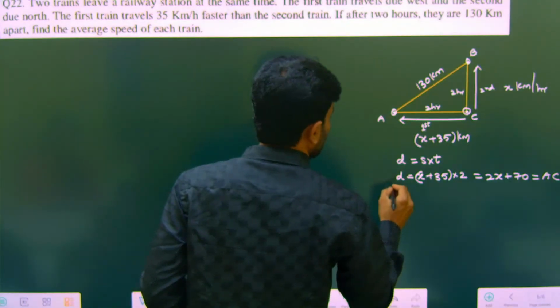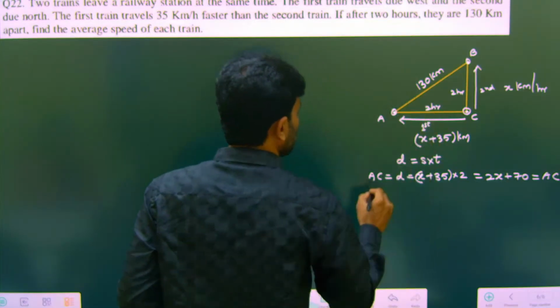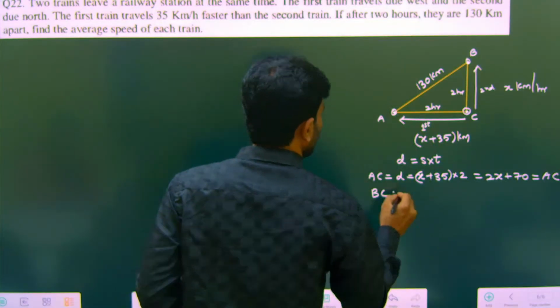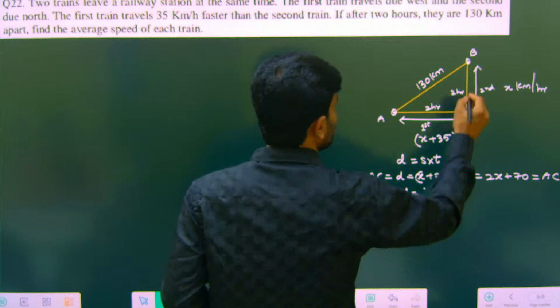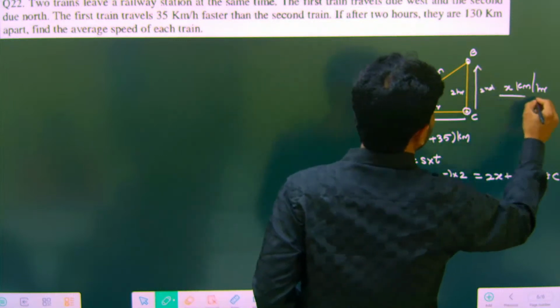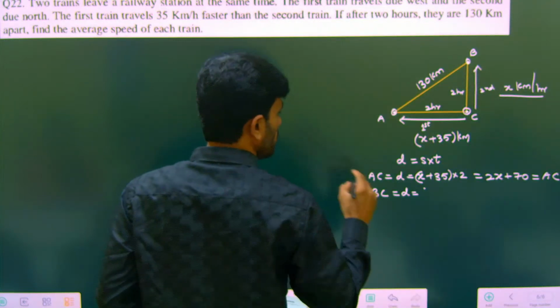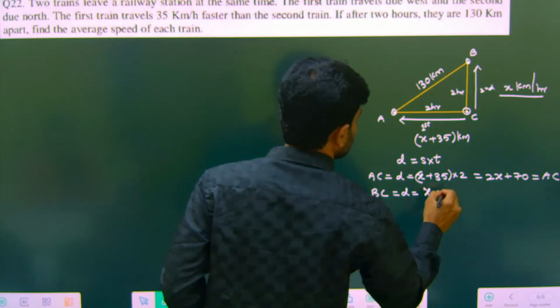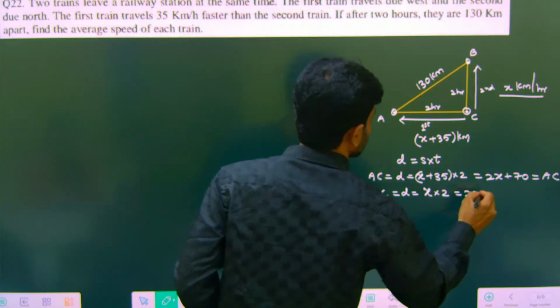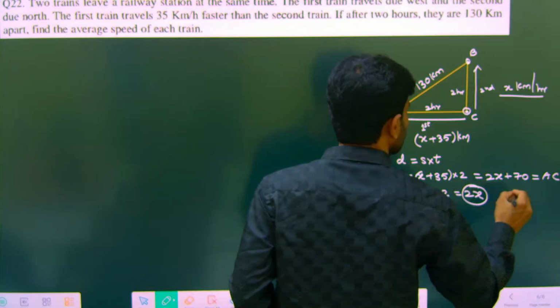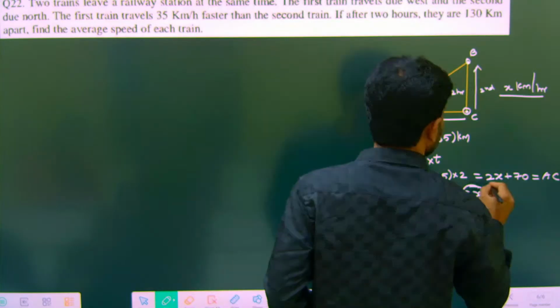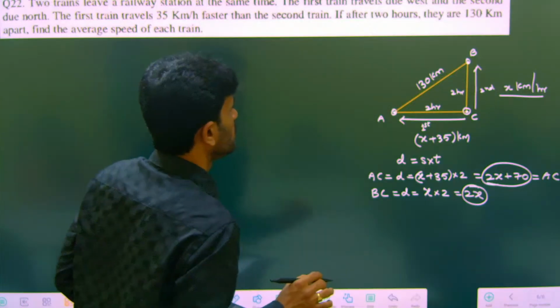Similarly, we want BC also, again the same distance formula. Take the speed of the second train as x kilometers per hour, so x into 2 hours, that is 2x. So BC is 2x and AC is 2x plus 70 and AB is 130.